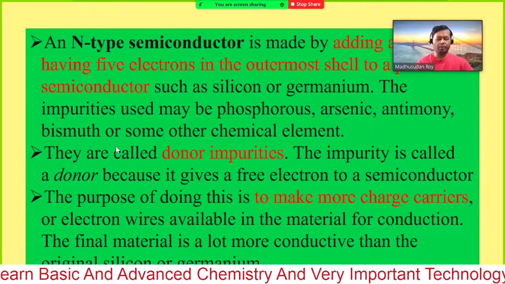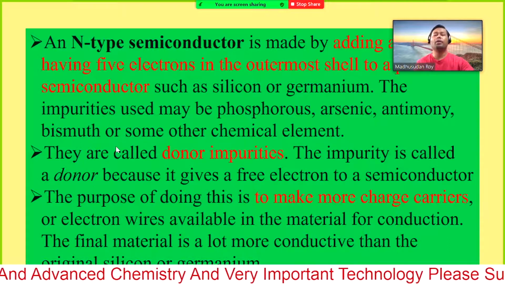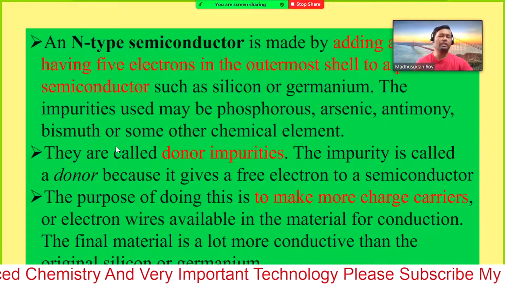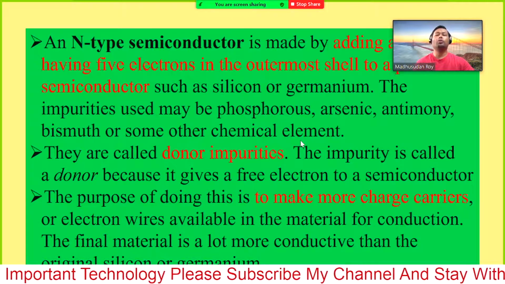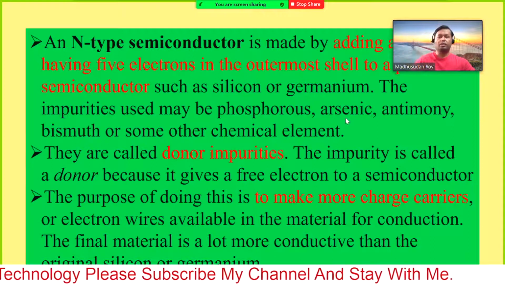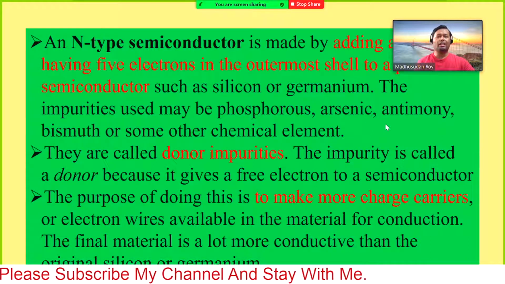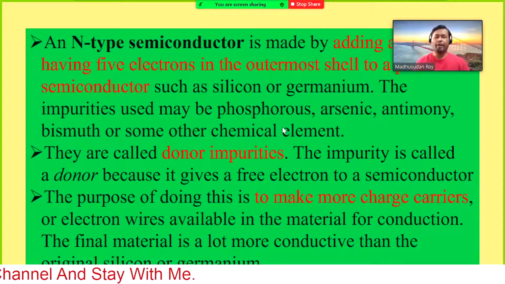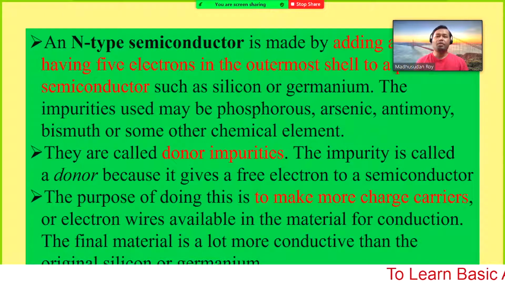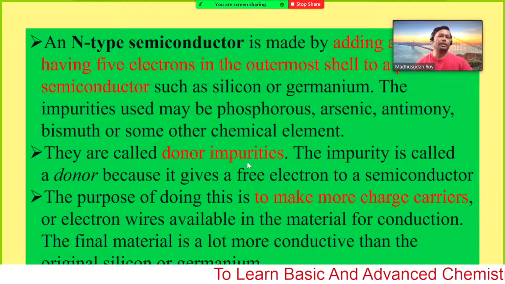Sometimes you can add some impurities, maybe some oxides, but they may not be as good as these elements. So if we add some pentavalent atom to the pure semiconductor, we can have an n-type semiconductor. They are called donor impurities.